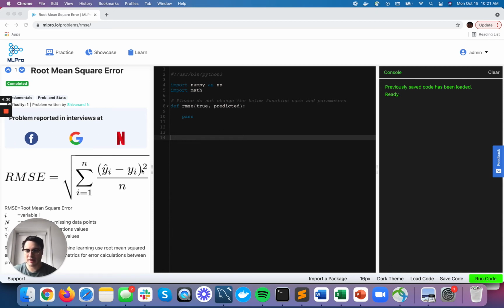But we could just do absolute value. So why do we square it? Well, we square it because we want to penalize increasingly larger differences. Like if the difference was 2, squared is 4. If the difference is 3, squared is 9. 9 is a much higher penalization than 4, even though 3 is only a little bit larger than 2. So by squaring it, we're penalizing larger values much more.